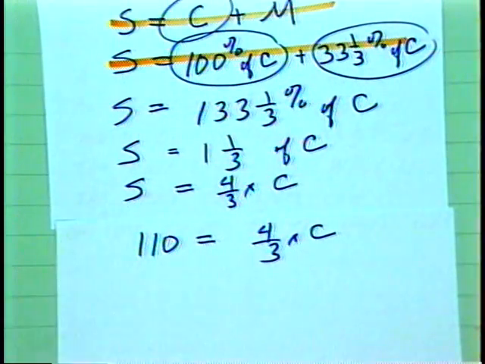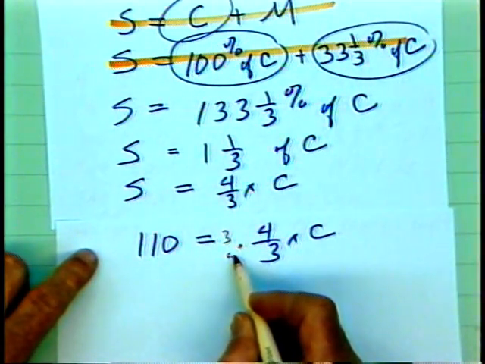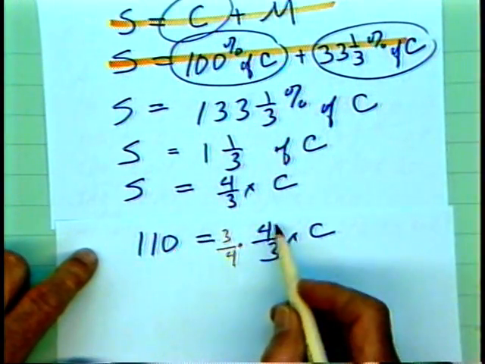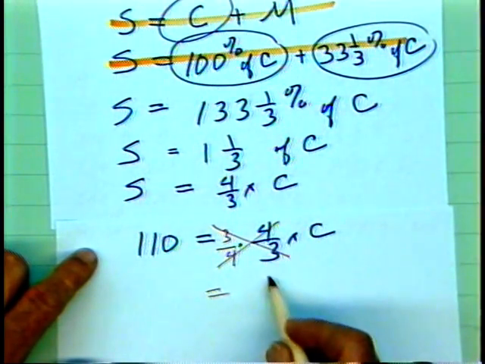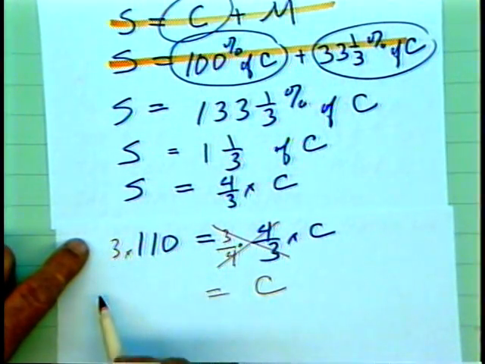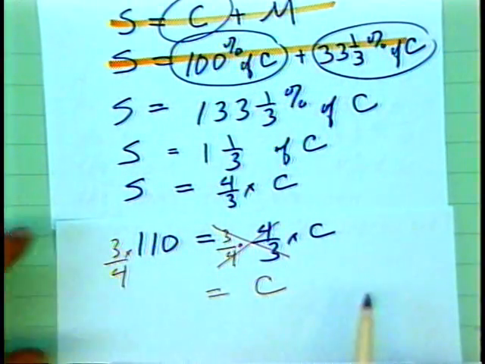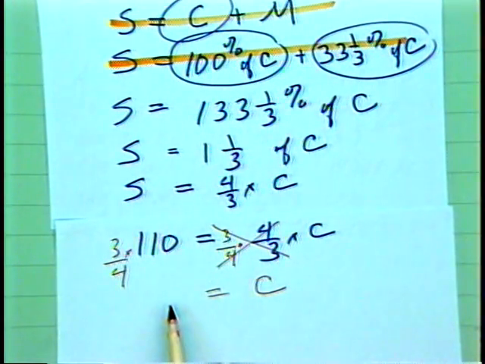And we can solve this simple equation several ways. One is to multiply this side by the reciprocal, because any fraction times its reciprocal is 1 times the cost. But then I have to multiply the other side of the equation by the same amount. And this is easier arithmetic than we had with the decimals.